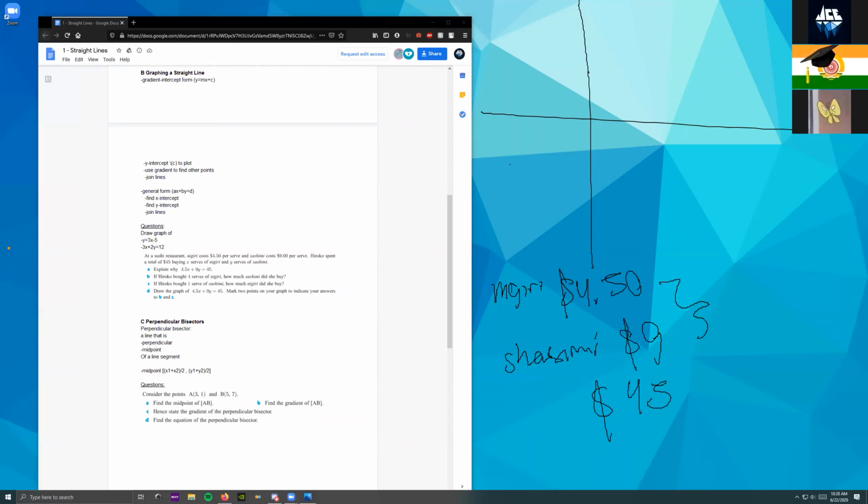And we don't know how much they bought, but we surely know that the nigiri they bought and the sashimi they bought have a variable to them.